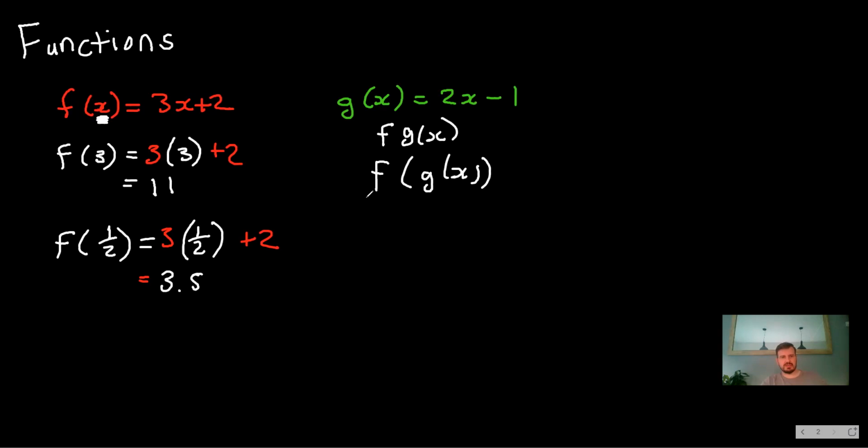Notice that we subbed in a 3 where we see an x. Where we see f of g of x, it means sub in this g of x wherever we see an x. So wherever we see an x in our function over here, we put a g of x. That's why the colors are so important.